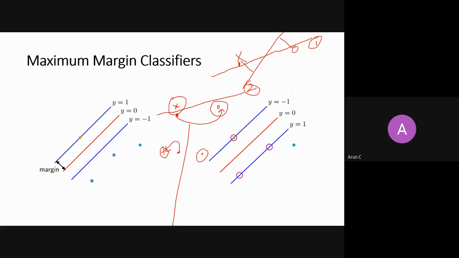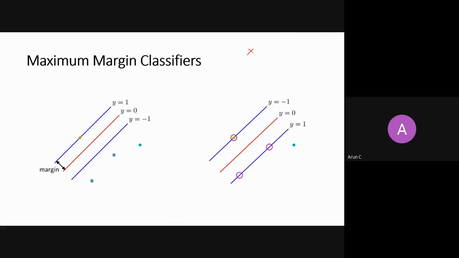So the idea is to find a hyperplane such that I can maximize my margin. Maximizing the margin in relation to what? It is relative to the samples which are very near to the hyperplane. There could be a situation where I have these 2 points for one class and these 0 points for the other class.